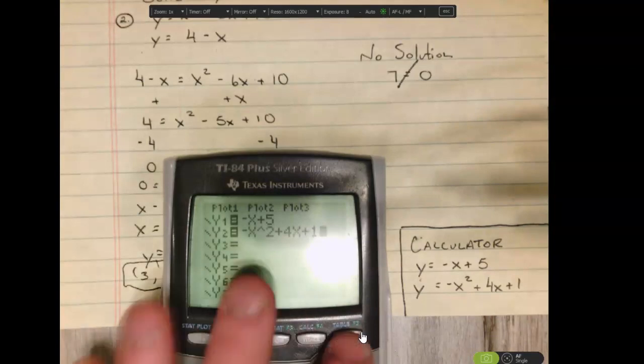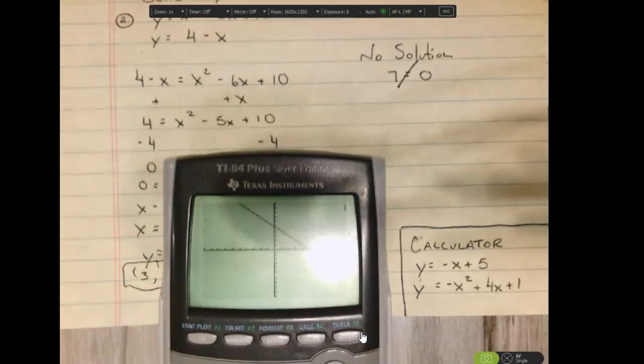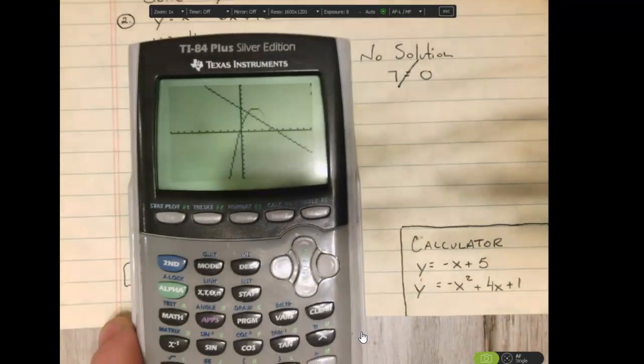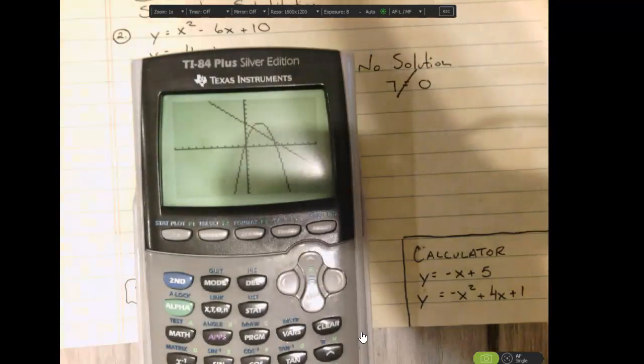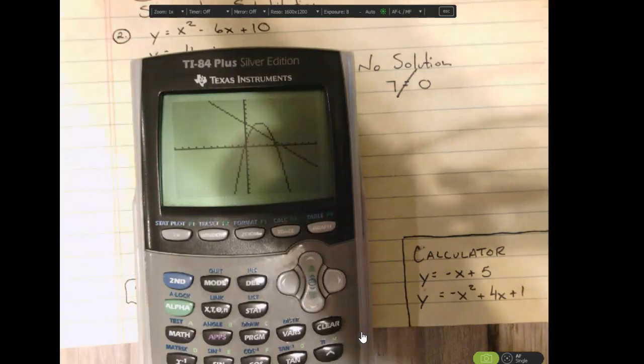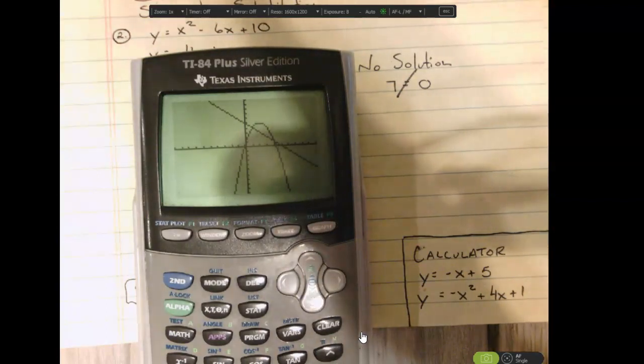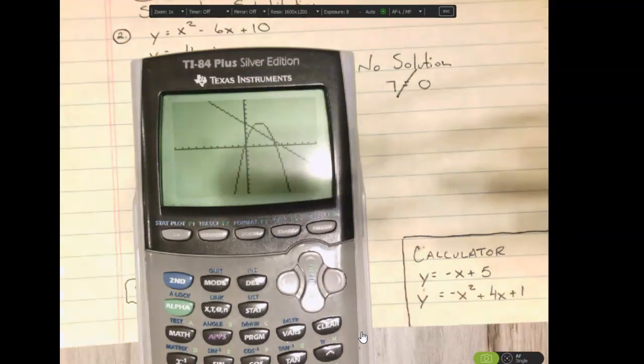From there, I'm going to hit graph. When you hit graph, you can see my parabola and you can also see my linear equation. So I've got both of them showing.